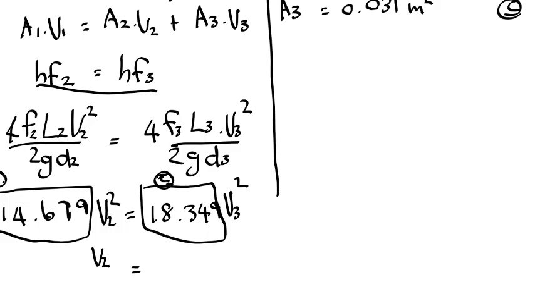It's going to be the 18.349 divided by the 14.679 V3 squared, the square root of that.